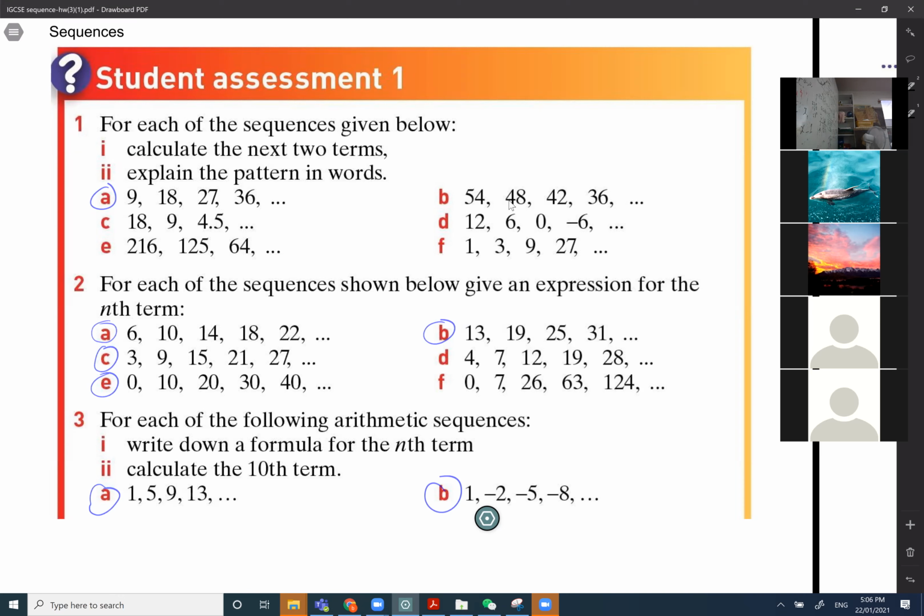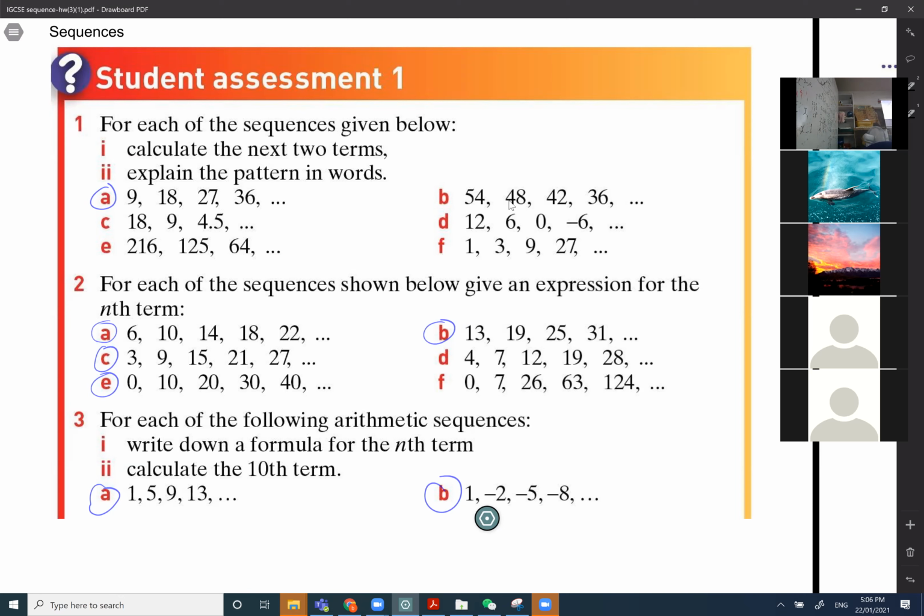The question asks you, what's the nth term? The one we circled is a linear. Linear means just something times n plus a constant.